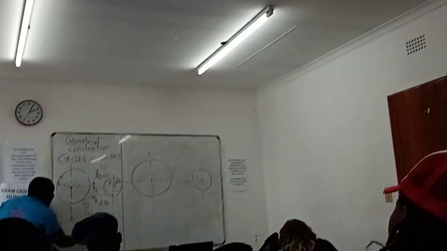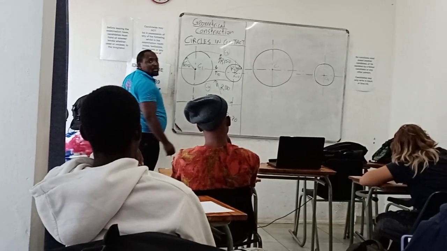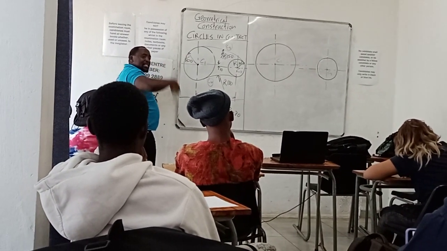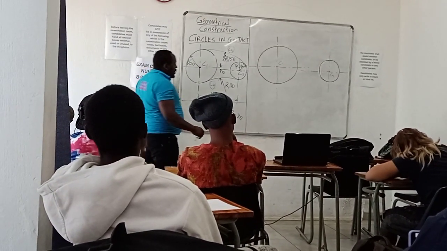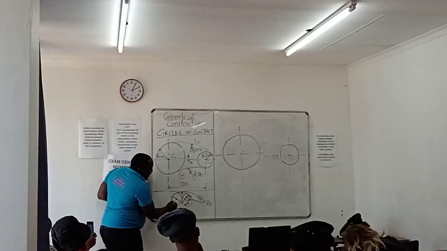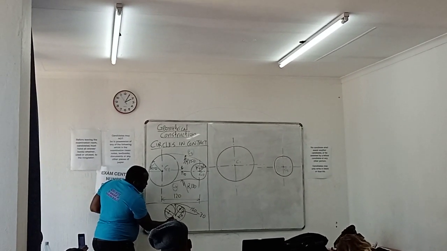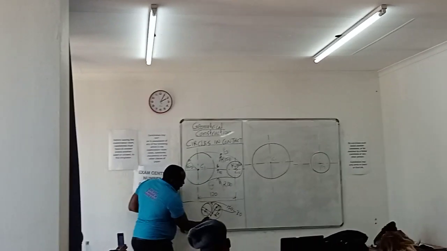Because this 30 is within 150. It's not outside, it's inside. So, all these, even this one, you first go to the center there, you extend to outside. So that radius is there. But you are looking for this distance, y.